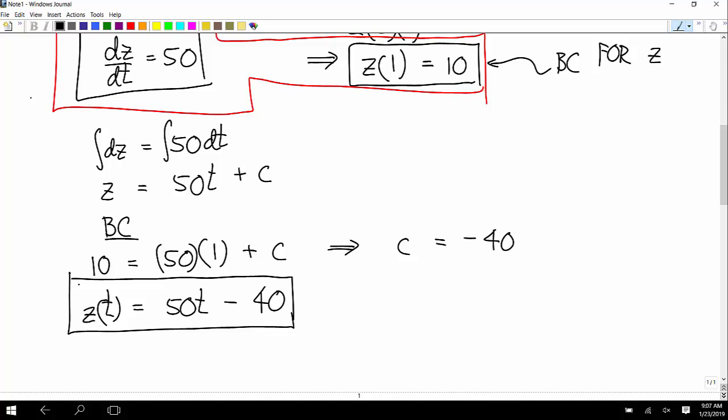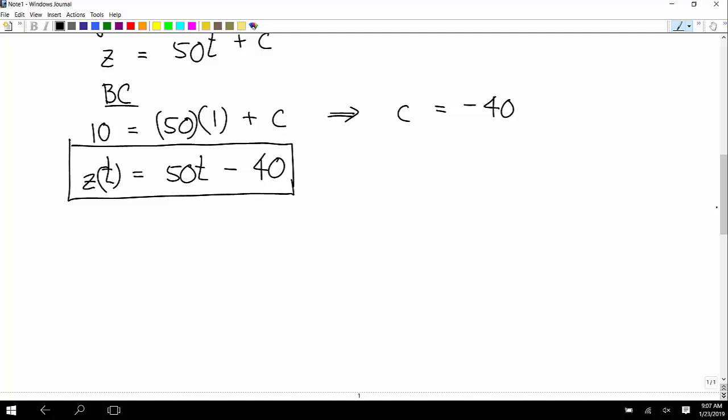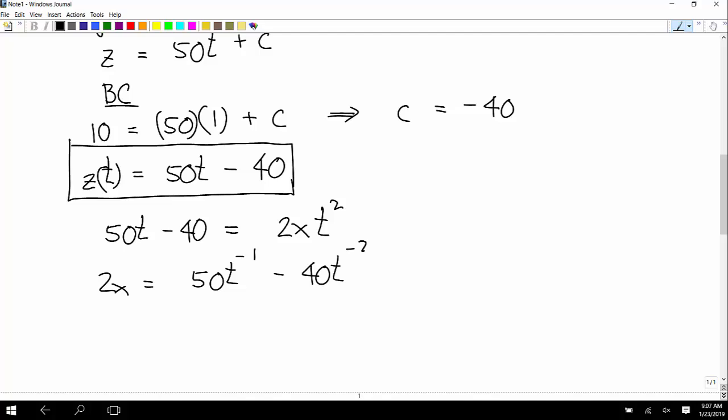So that answers a question, but not the question that we were asked for. So now we have to figure out what x of t is. And so we have 50t minus 40 is equal to, the substitution we made was z is equal to 2xt squared. And so 2x is equal to 50t to the minus 1 minus 40t to the minus 2.